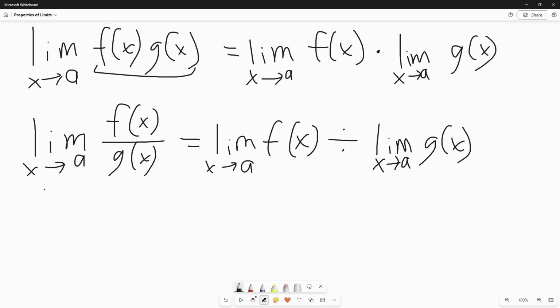And the second one is the limit as x approaches a of f of x over g of x, which is equal to the limit as x approaches a of f of x divided by the limit as x approaches a of g of x. And this one only works if the limit as x approaches a of g of x is not 0, because if it's 0, then you're dividing something by 0, which is not possible.